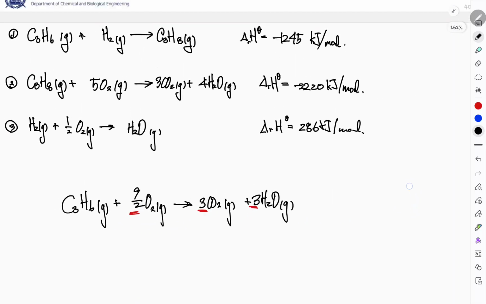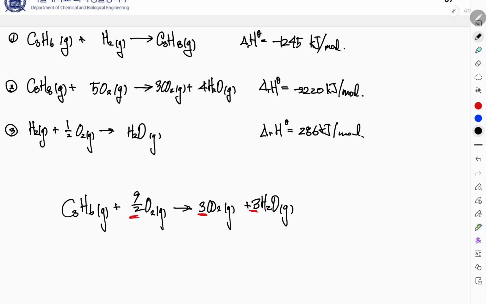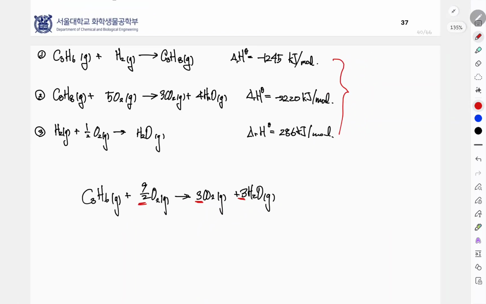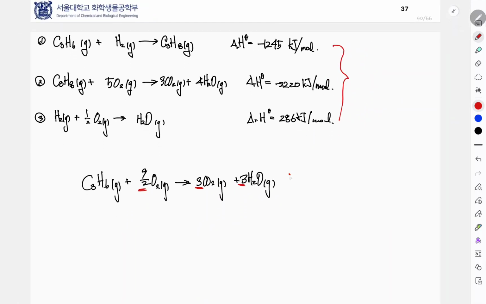So we add the first chemical reaction, and then we want to remove the hydrogen component as well. But here it is on the same side, so we subtract, or reverse, the third one. We write the reverse of this one, meaning it is composed of liquid water going to hydrogen gas and oxygen gas.